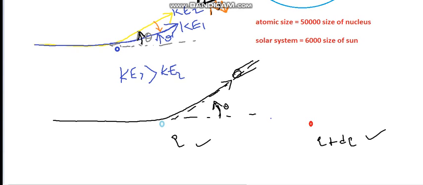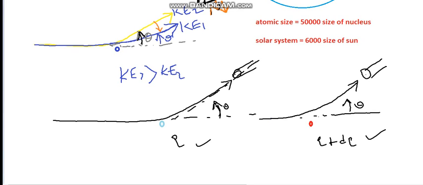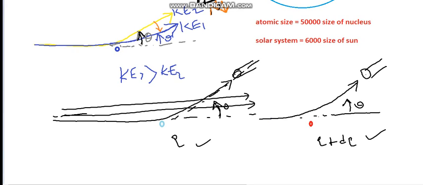In the second case, you have the same angle theta here. So what will happen? You will be having more alpha particles which are undeflected or which are deflected with a very small scattering angle.